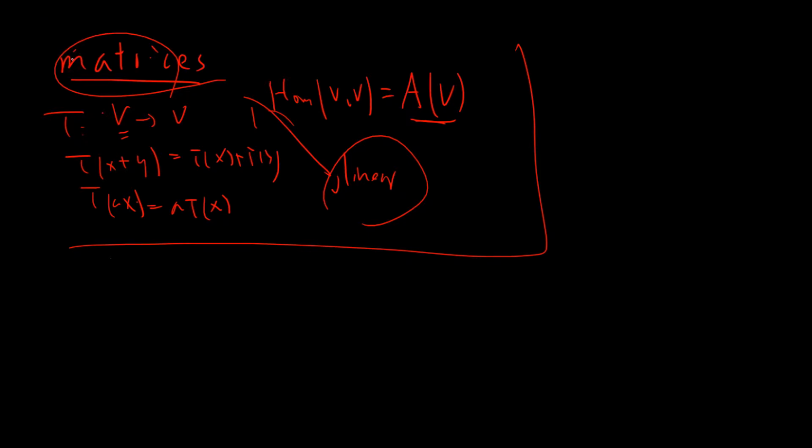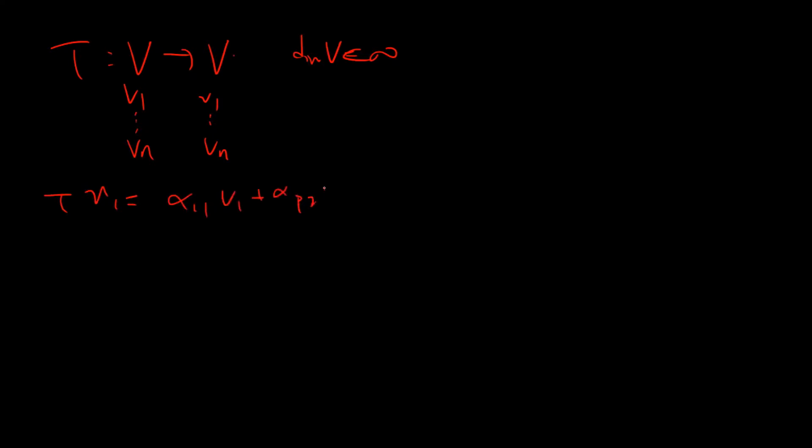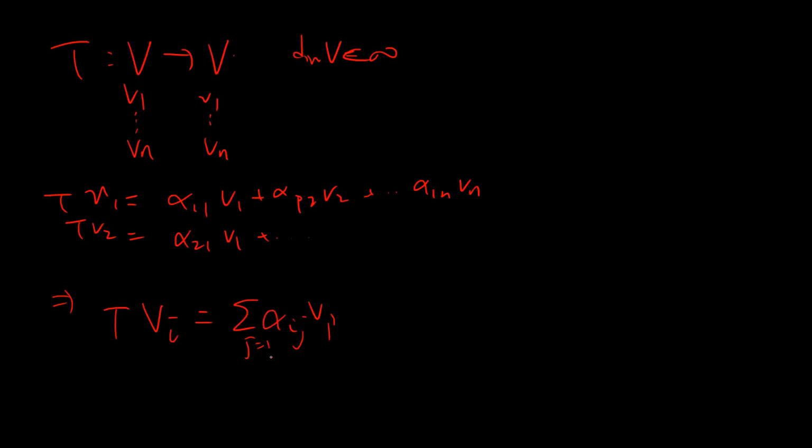Because if I take T from V to V, and I create a basis, let's say v1 to vn, and V is finite dimensional, I can write T v1 as a linear combination: alpha 1 1 v1, alpha 1 2 v2, up to alpha 1 n vn, right? And T v2 is basically written as alpha 2 1 v1 and so on. To be simple, T of vi will be the summation of alpha ij vj, j from 1 to n, right?